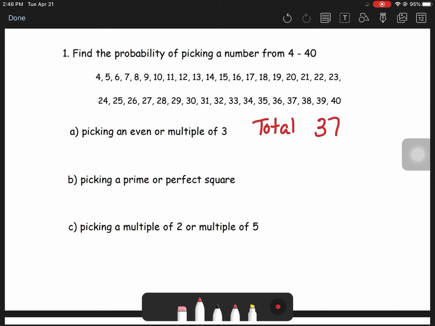So now we want to count the even numbers that we have. So we have 1, 2, 3, 4, 5, 6, 7, 8, 9, 10, 11, 12, 13, 14, 15, 16, 17, 18. We have 19 numbers out of our 37 that are even.